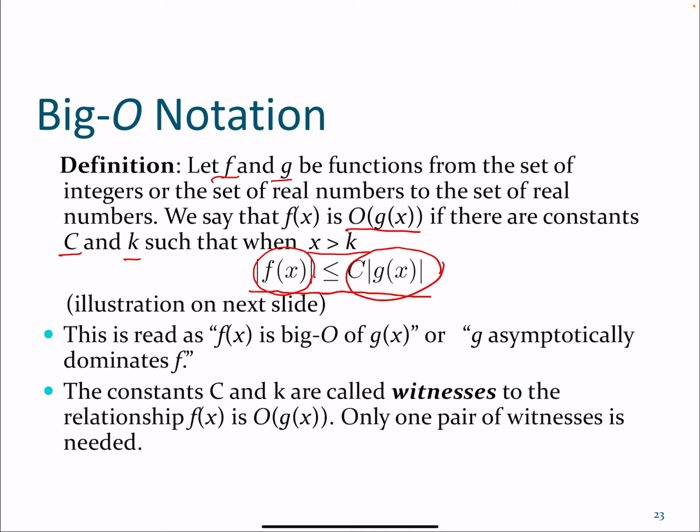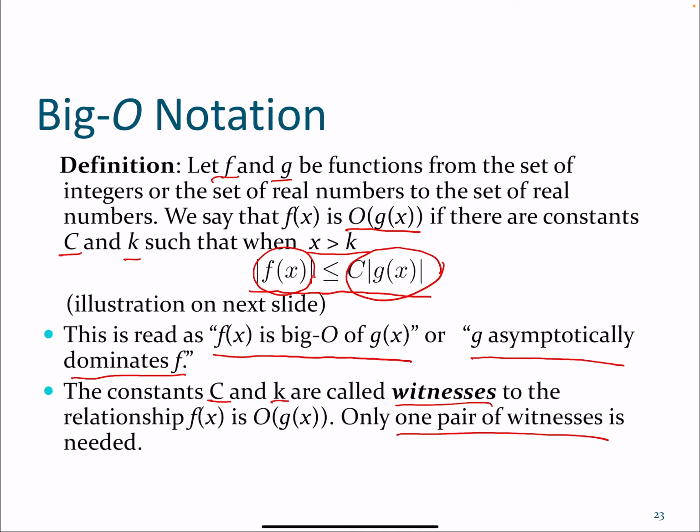This is read as f(x) is big O of g(x), or g asymptotically dominates f. Here, the two constants c and k are called the witnesses to the relationship f(x) is big O of g(x). When you try to prove this for any two functions f and g, you only need one pair of witnesses to prove the big O relationship.